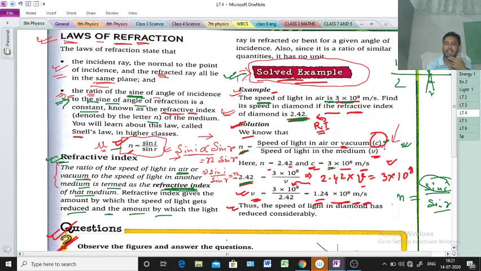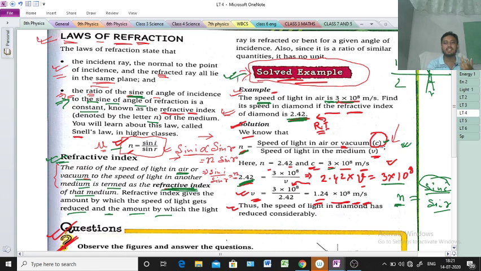Here n, sorry, n is 2.42, and the numerator value is 3 into 10 to the power 8 meter per second.